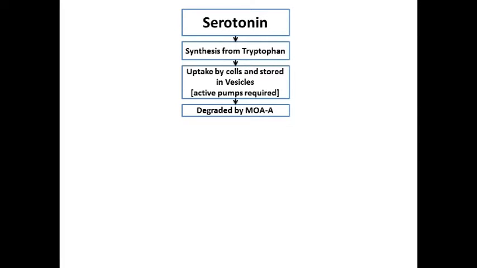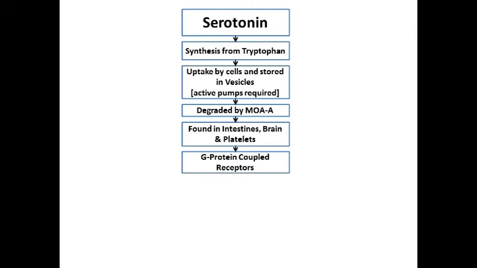It's degraded by an enzyme called monoamine oxidase A. As I told you, it's found in the intestine for maintaining intestinal integrity, in the brain for mood, for appetite, and so many other functions, cognitive functions, memory, and so on. In platelets, the functions attributed to serotonin are basically vasoconstriction and platelet aggregation.